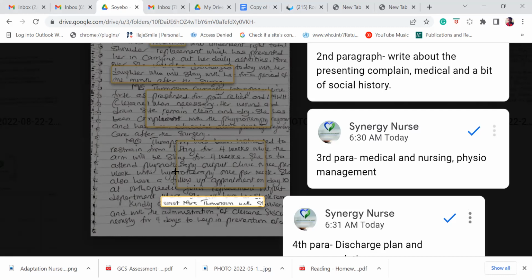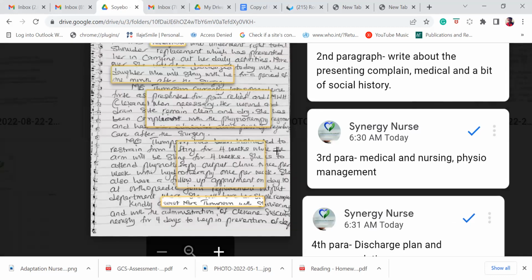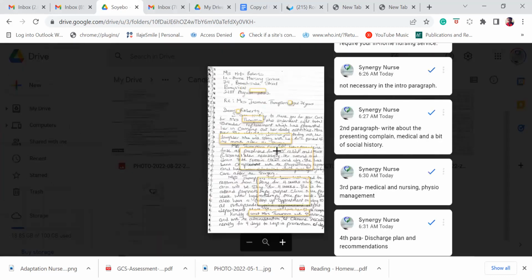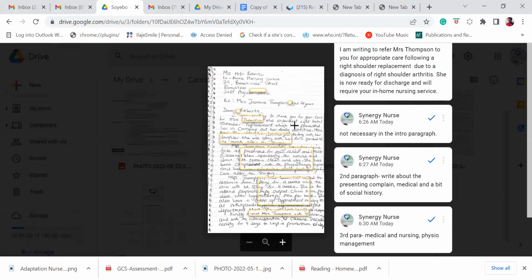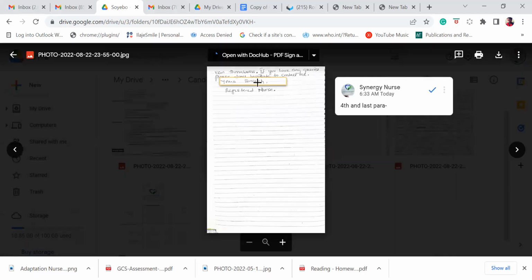She's to attend physiotherapy. So that's the discharge plan, usually the fourth paragraph. And any recommendation as well can go to the fourth paragraph. And you can always end by saying, if you require further questions, do not hesitate to contact me. Or you can say, kindly continue.